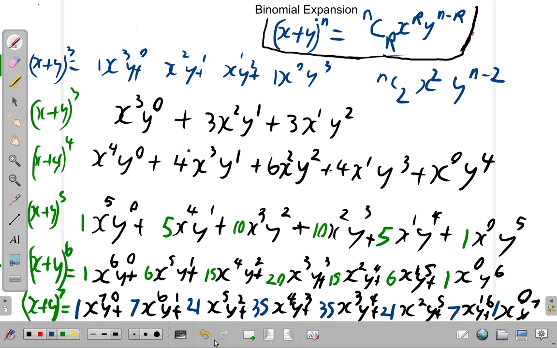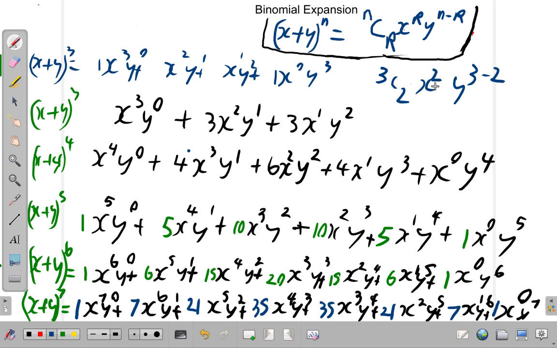This says x plus y to the n, and n here. So n, whatever n is, if it was x plus y to the 4, n would be 4. If it was x plus y to the 5, n would be 5, and so on. So all of these n's, you change them to 3 because this is x plus y to the 3. So this will be 3, and this here will be 3.